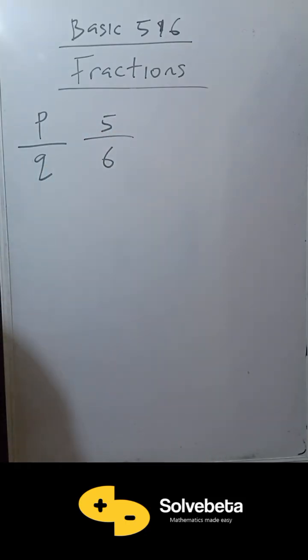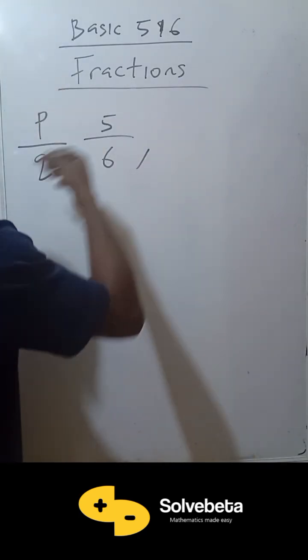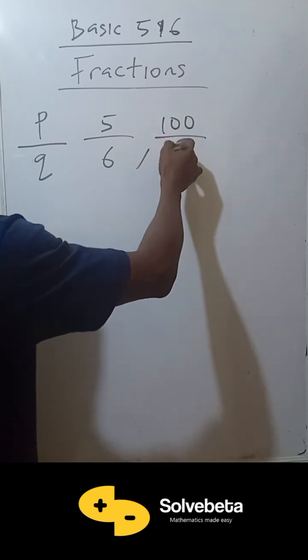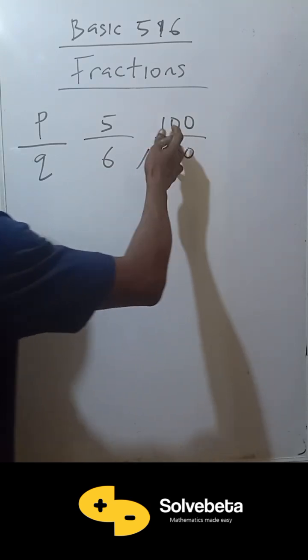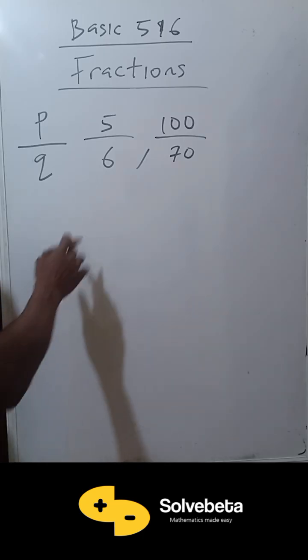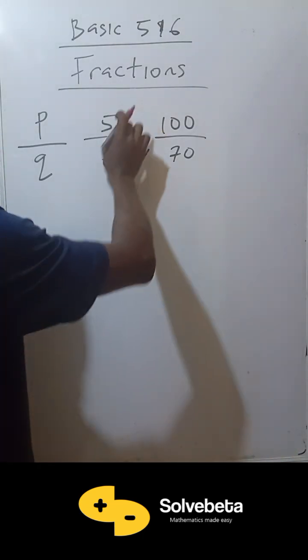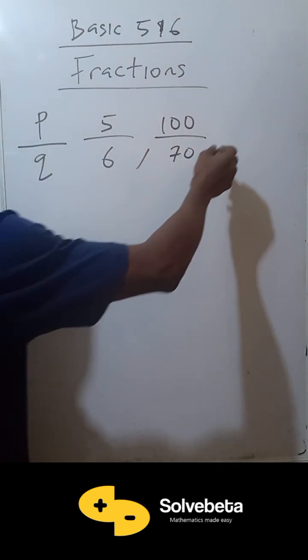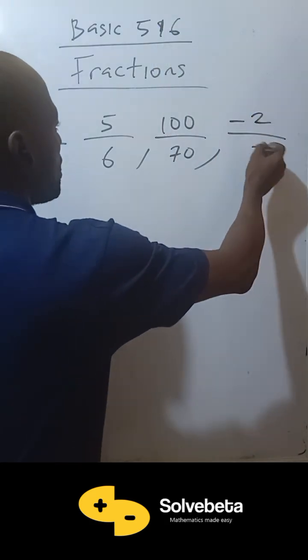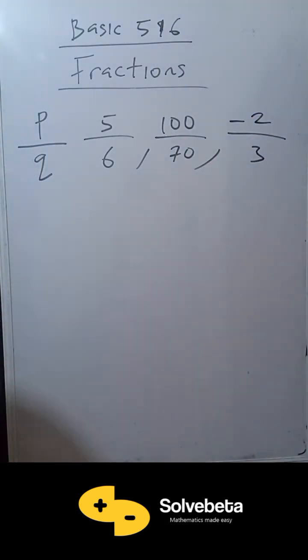This is a fraction. 100 divided by 70, this is a fraction. A fraction can also be a negative number divided by a positive number.